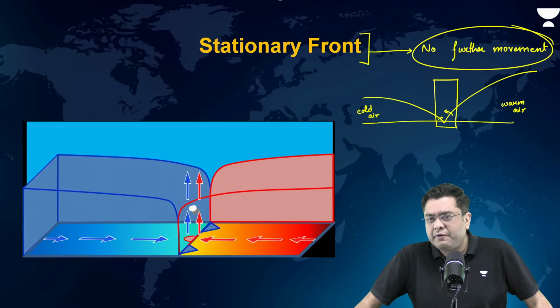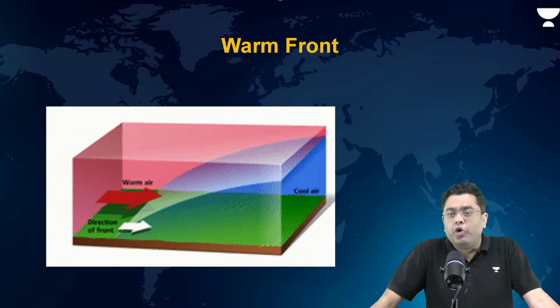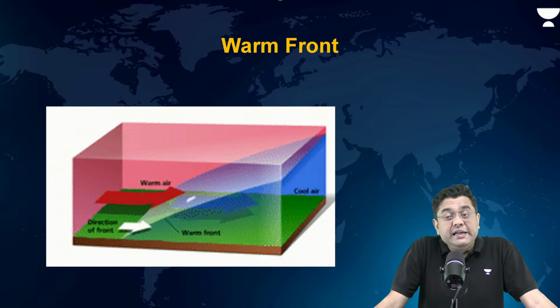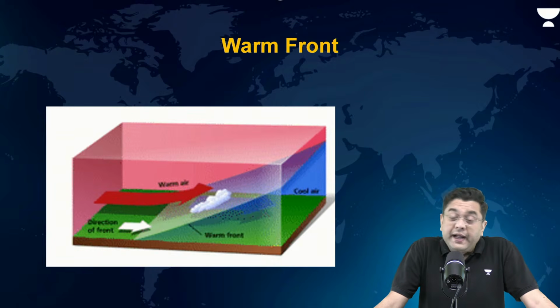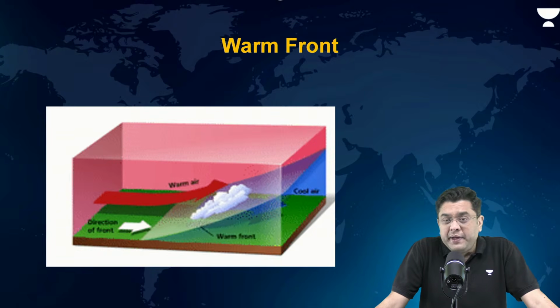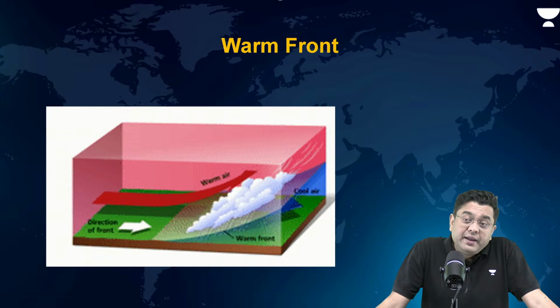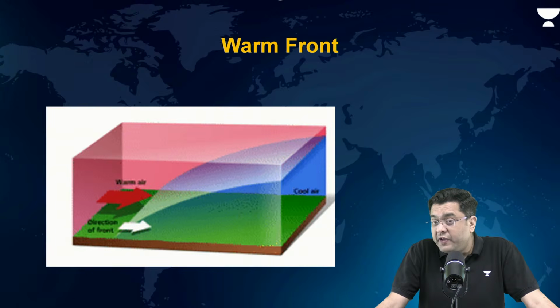Otherwise, how are we different from the NCERT in this case? So, first we talk about the case of the warm air. Observe that you have a separate region of cold air, bluish color, and you have a separate region of warm air, reddish color. Observe here, it is the warm air which is active. I hope we are able to see.